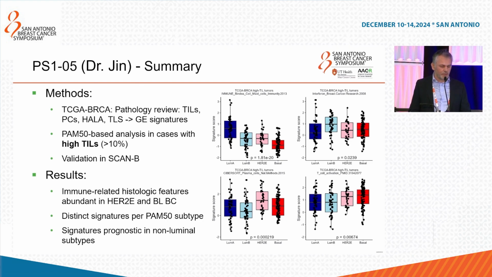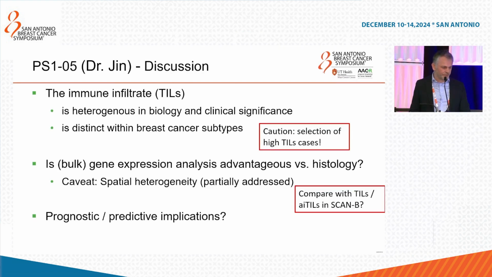In luminal B tumors, there was a high score of the interferon signaling. In HER2-enriched, the B cells, and in basal-like, T cells signature. And finally, they could show in the SCAN-B cohort that the signatures were prognostic in non-luminal subtypes, as expected.